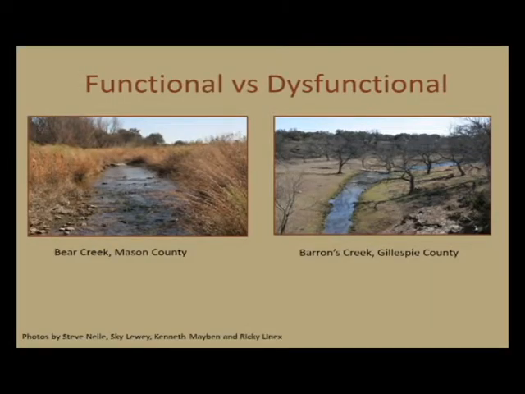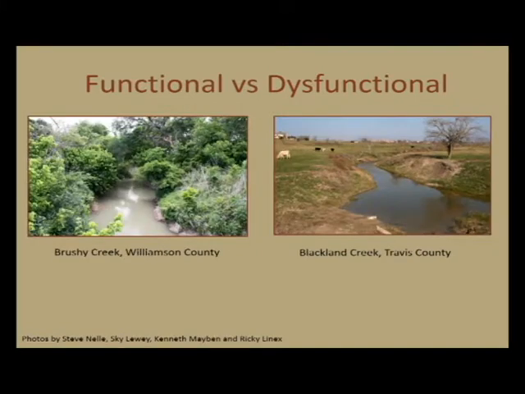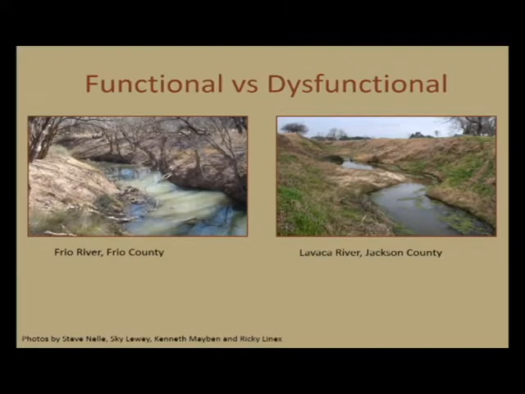Let's take a look at what riparian function looks like on the landscape. Compare these two creeks. You can easily see function versus dysfunction. Here are two other examples where you can see a functional creek and then immediately to the right, a dysfunctional creek. Look carefully here.